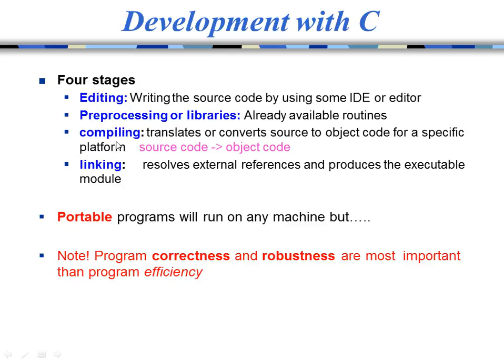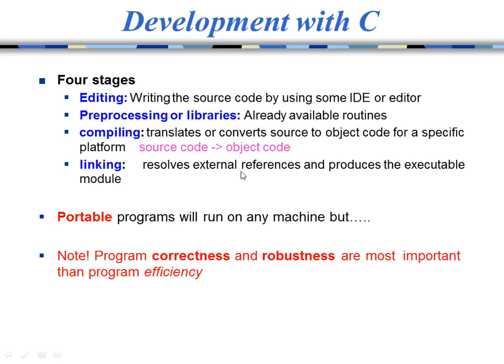Compiling translates or converts source code to object code, like machine code for a specific platform. When compiling a program written in C language, it first converts source code into object code. After that, linking resolves external references.